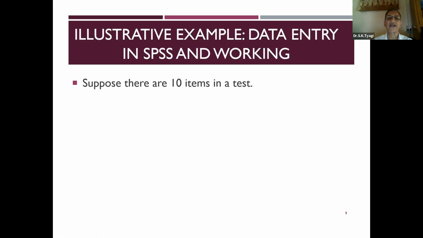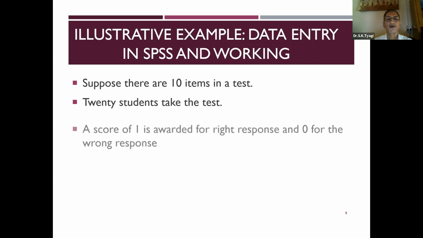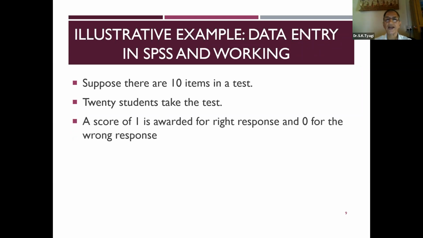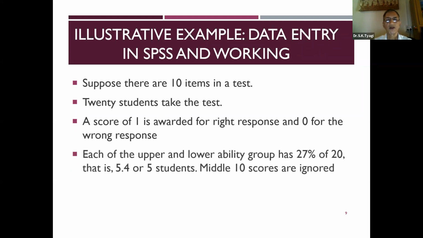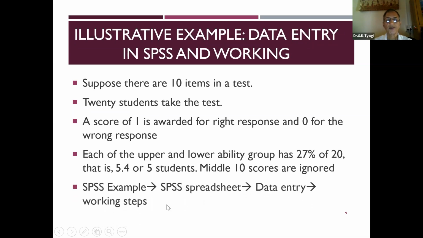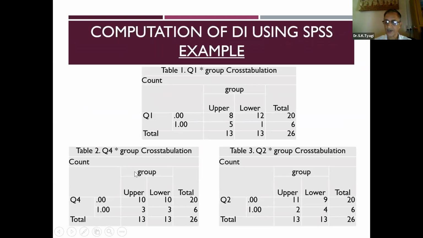So I am taking only 10 items and only 20 students. Normally it will not be 20, it will be 100, 150, 200. A score of 1 is awarded for a right response and 0 for a wrong response. Again, for each of the upper and lower ability groups, 27% is taken, and the middle cases are ignored. This is how we will do it. Let me show you.